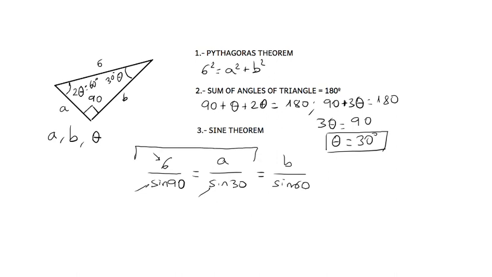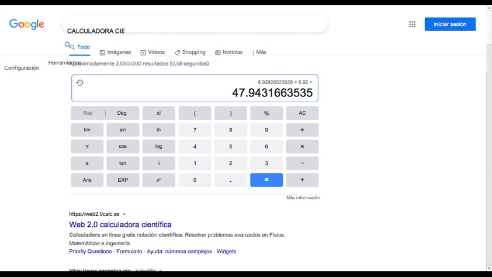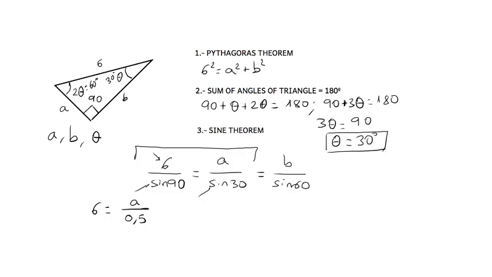So 6 over 1 is 6, equals a over 0.5, which is sine of 30, right? Sine 30 equals 0.5, right? So a equals 0.5 times 6, which is 3. So a equals 3.